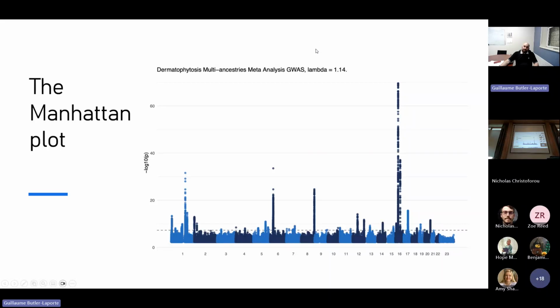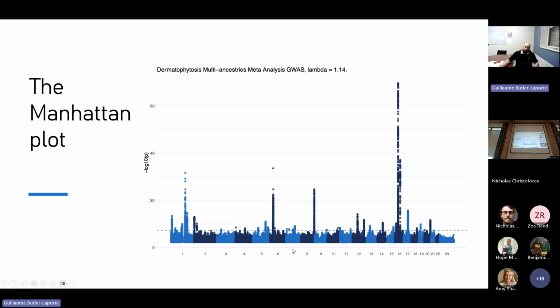But the idea is that each little point is a different common variant, so an allele frequency of at least 0.5%. So nothing really rare, something that you could find fairly easily in the UK Biobank, for example. And so each point is a different genetic variant, most of the time a SNP, a single nucleotide polymorphism.